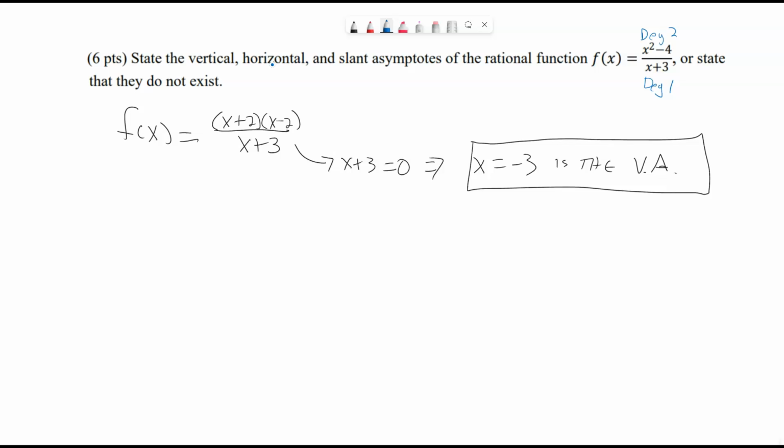If the degree in the denominator is larger, then y equals 0 is the horizontal asymptote. If the degrees are equal, then the fraction of the leading coefficients, y equals that value, is the horizontal asymptote. Or if the degree in the numerator is larger, then we get a slant asymptote.